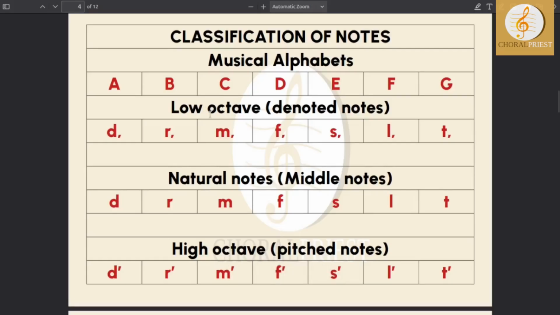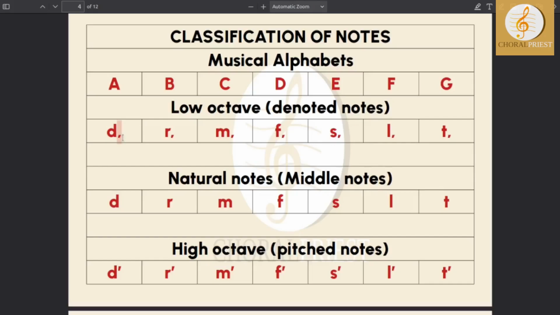So just like I said, the musical alphabets are represented with these letters when we are singing in solfa notation. So these are the natural notes. These are the low octave. Now you should note here that the low octave notes are written in such a way that they have a pitch sign written beneath every letter alphabet. Every letter has a pitch sign here.